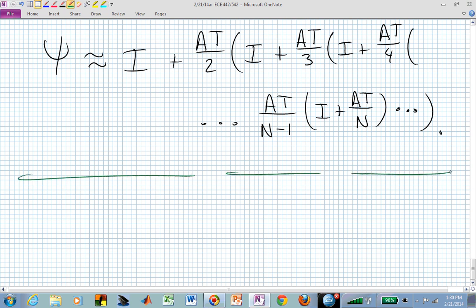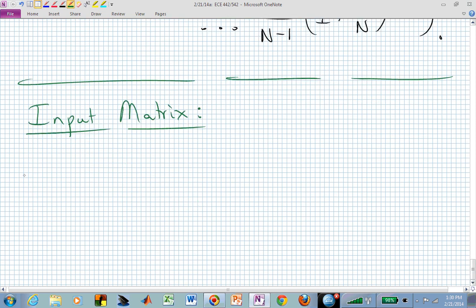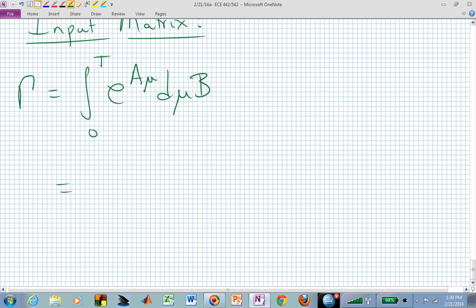And that takes a little bit more manipulation to show where that might be coming from. So let's manipulate the input matrix. Our input matrix, gamma, is equal to this integral from 0 to T, e to the A mu d mu times B. But remember what that matrix exponential looks like.